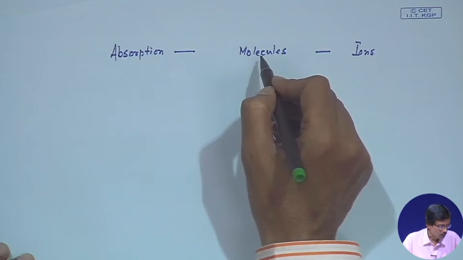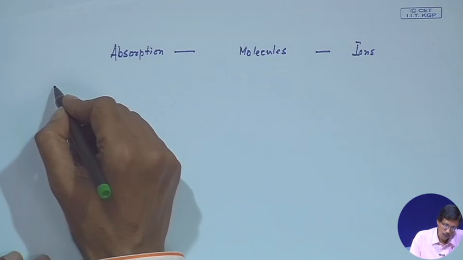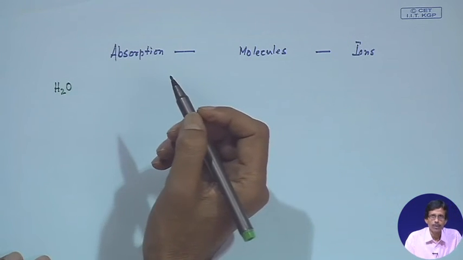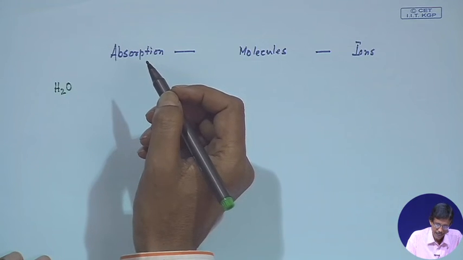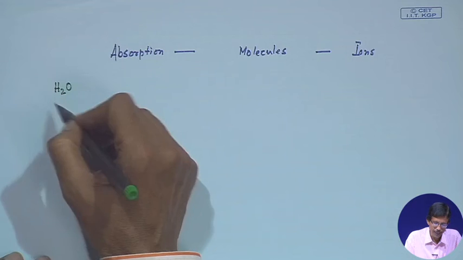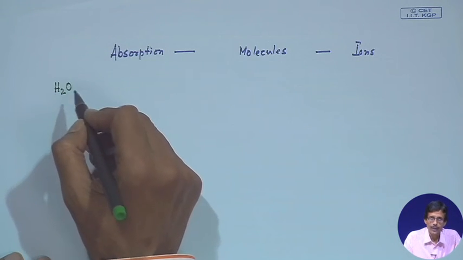But it can also be a typical molecule. We will all be interested to know, for a very simple thing like the water molecule in a solution in your test tube, how we can analyze it by this spectrometric technique.